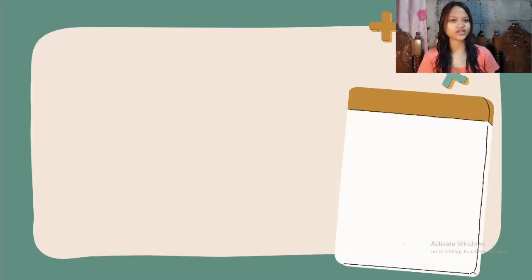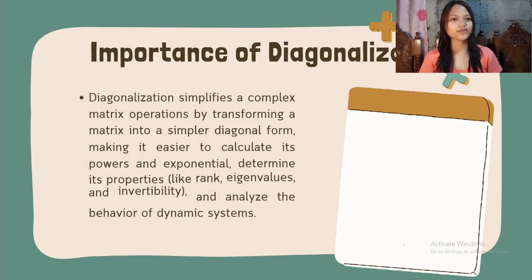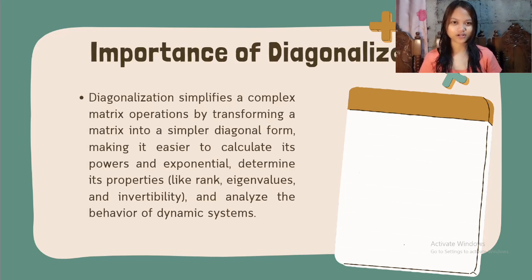Why is diagonalization important? Diagonalization simplifies complex matrix operations by transforming a matrix into a simpler diagonal form, making it easier to calculate its powers and exponential, determine its properties like rank, eigenvalues, and invertibility, and analyze the behavior of dynamic systems.